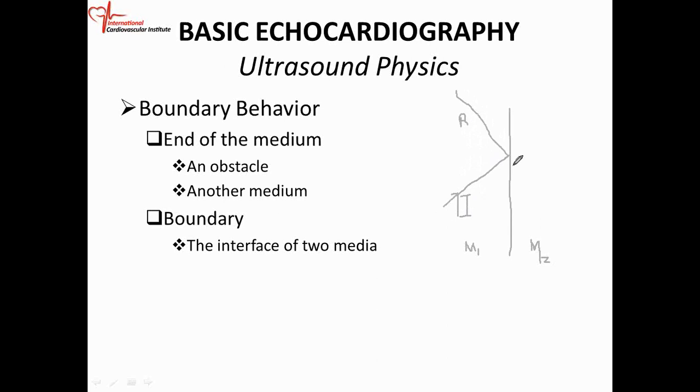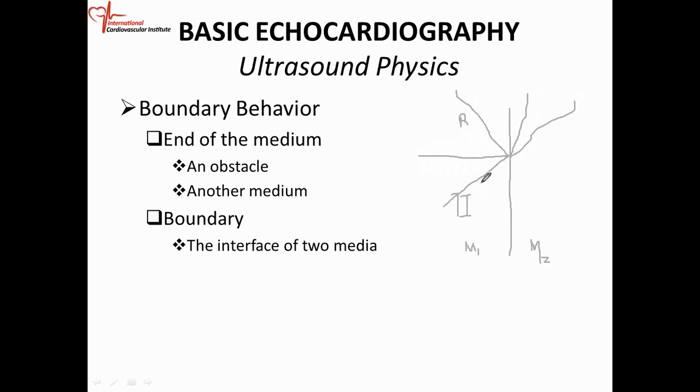It's going to obey the law of reflection. Okay, so this angle right here is going to equal this angle. A portion is also going to come down here. So this is not a straight line. I shouldn't draw it like that. Let me draw it like that. It's going to be refracted.